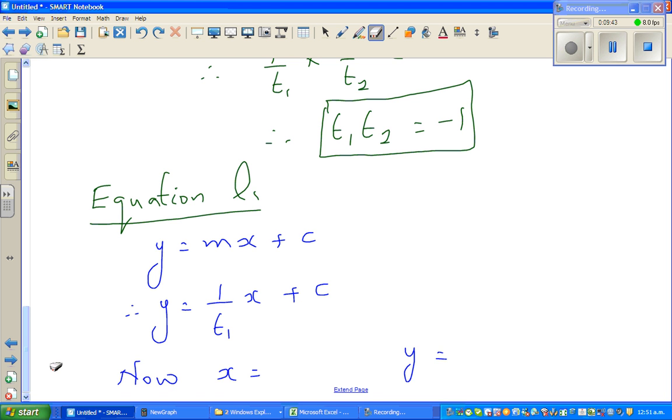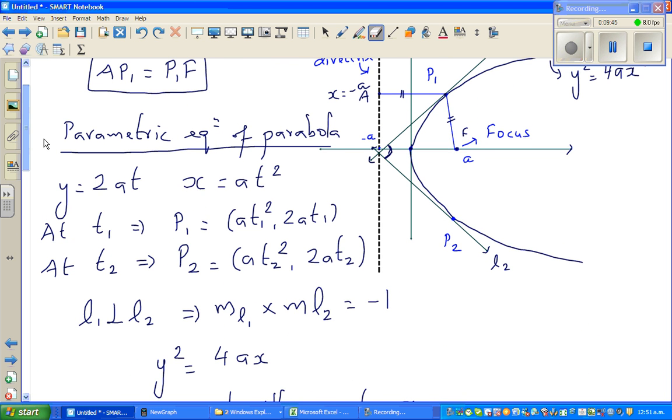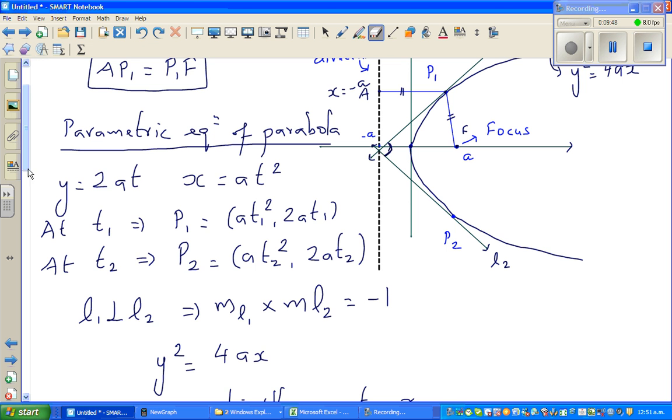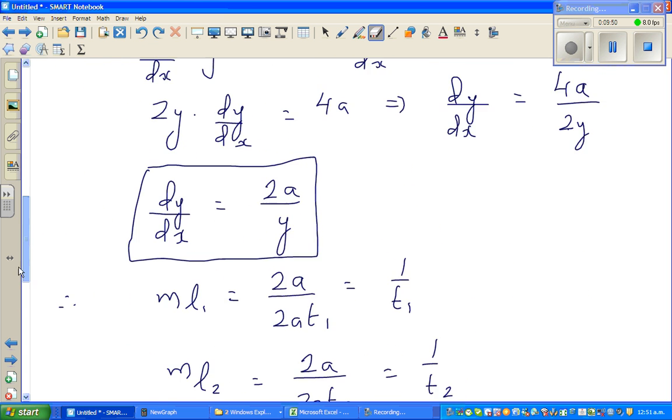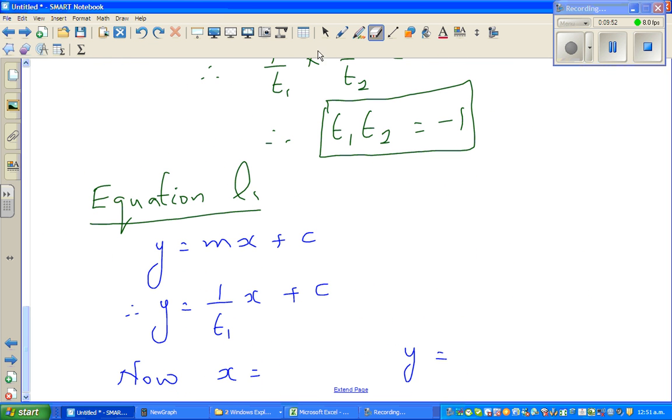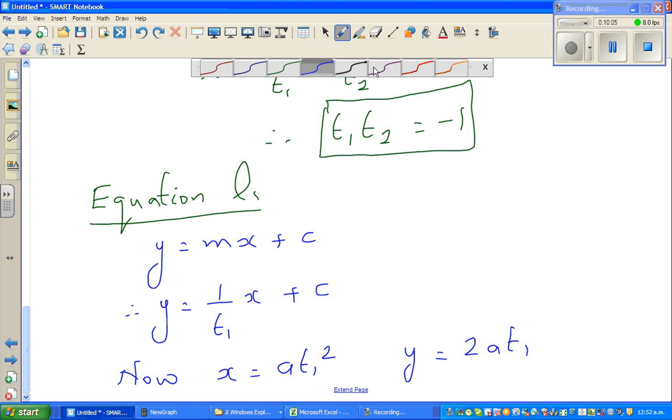The parametric equation is: x is at1 squared and y is 2at1. So let us substitute this in this equation.